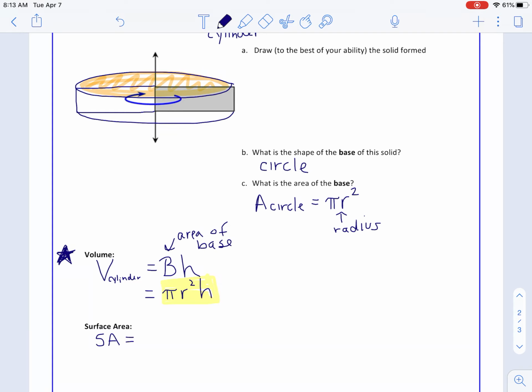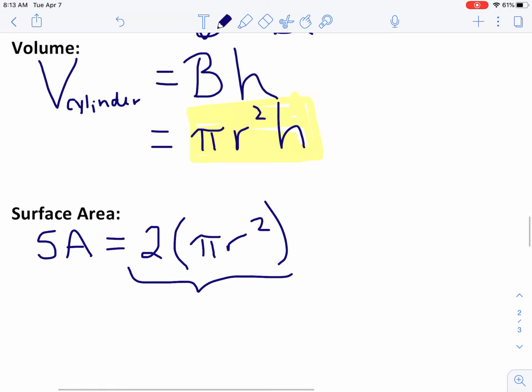So the surface area is, well, I can find the area of the two bases. So it's 2, because there's two bases. It's 2 times pi r squared.